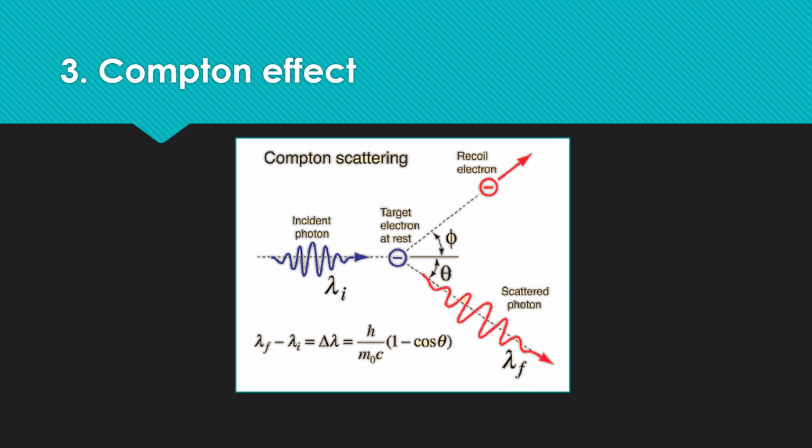So as I change the scattering angle, the angle of the scattered photon will change too. Here I want to note that the main idea of the Compton effect is that light is behaving as a particle.